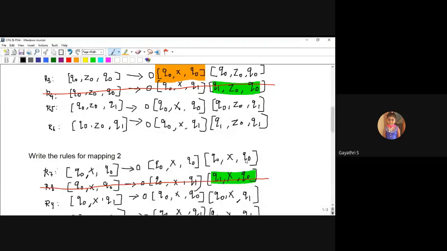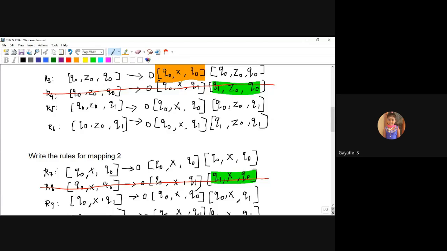I'm starting with rule number 3, Q0 to Q0, which yields Q0 x Q0. That production gives the same production Q0 x Q0.